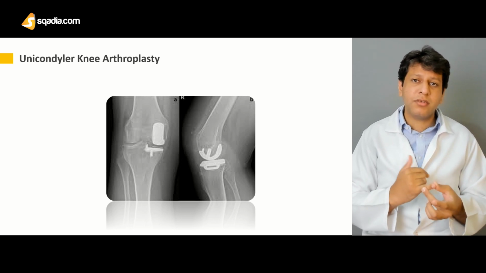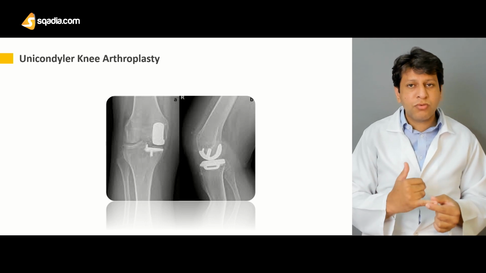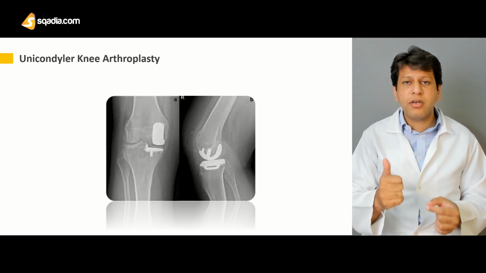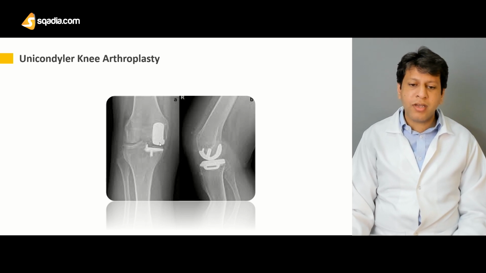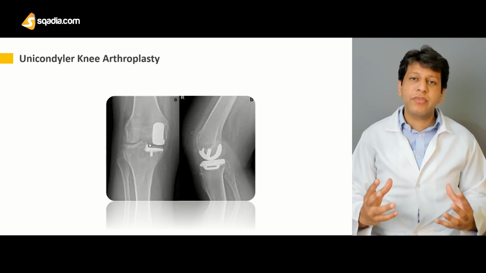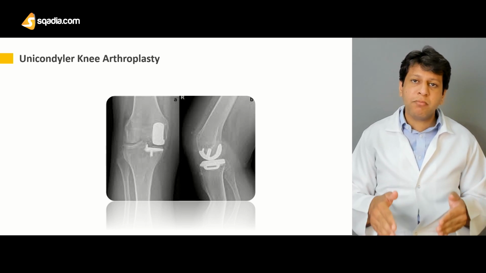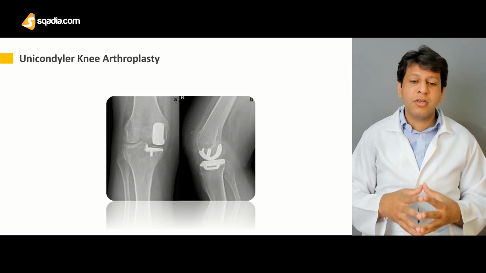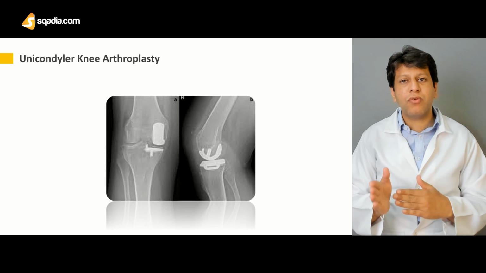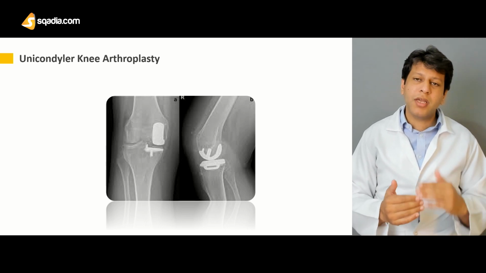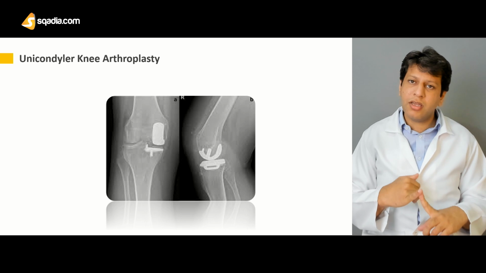For example, if a patient is of old age and has isolated single condyle involvement, for example, the lateral condyle is absolutely fine, the patellofemoral joint is absolutely fine, and there is only arthritis over the medial aspect of the knee joint because of the genu varus and the forces being transmitted through it, then these patients are candidates for unicondylar arthroplasty. But again, it has its own limitations and indications as well.